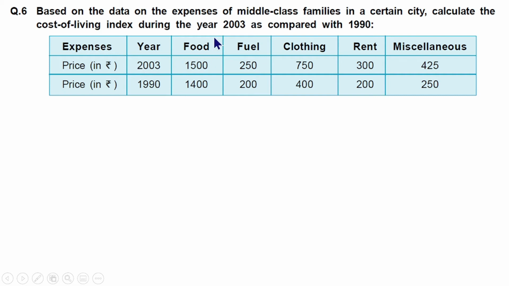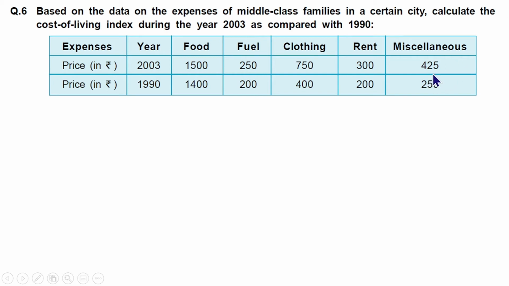So the expenses for food in 2003 is 1,500 and in 1990 it is 1,400. For fuel it is 250 in 2003 and in 1990 it is 200. Then we have clothing in 2003 750, in 1990 it was 400. Then rent 300, 200, and then finally we have miscellaneous.